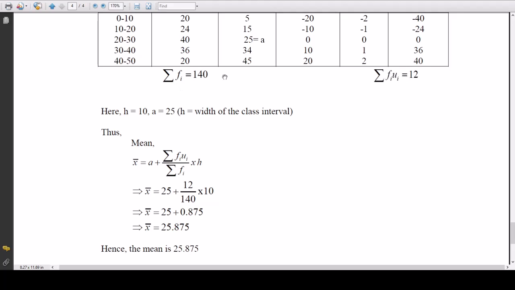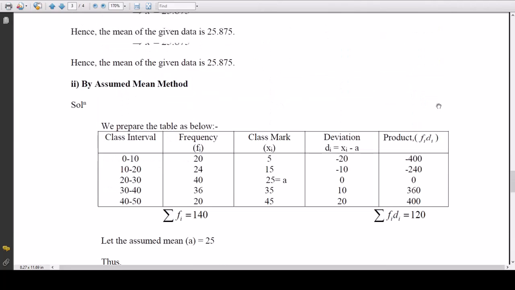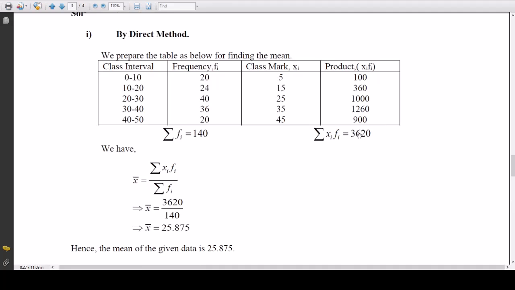Here the summation of fi, that is the summation of frequency, you will get the same thing in all the three cases, but the summation of fi ui is very less here in the third method. Here we get 12, in the second method you are getting 120, in the first method you are getting 3620. See, okay, fi is always the same.